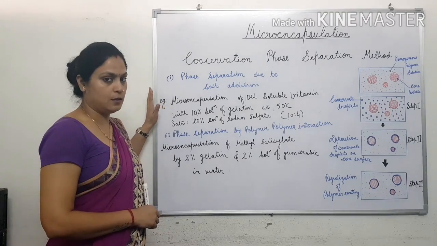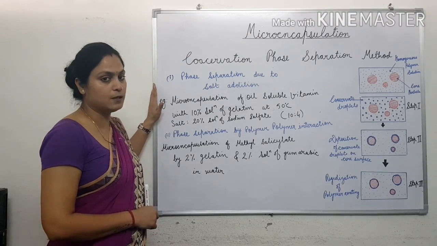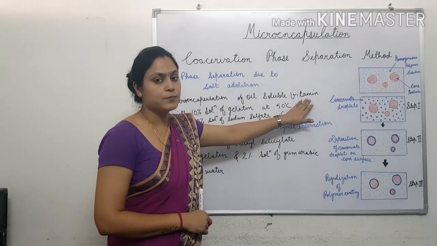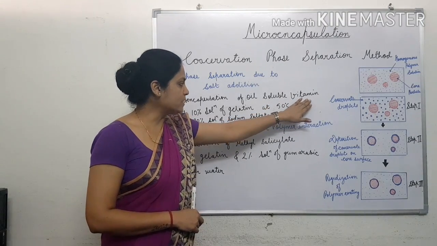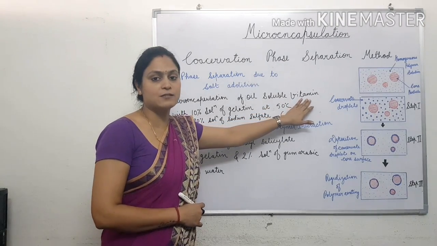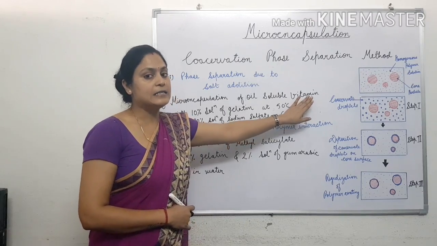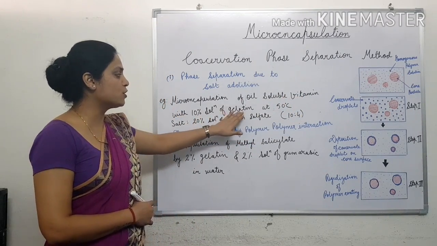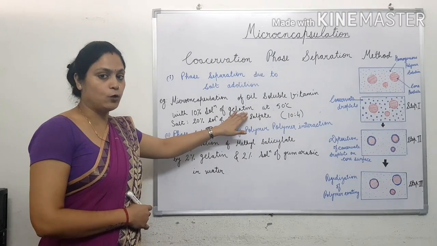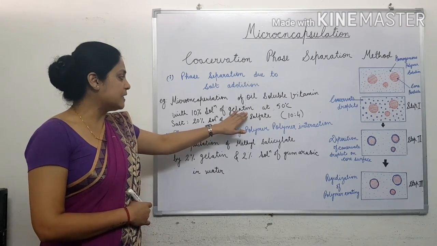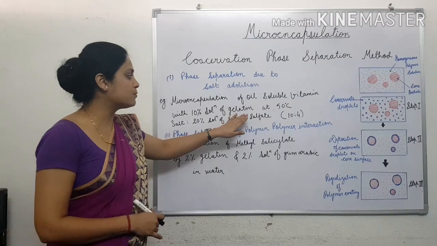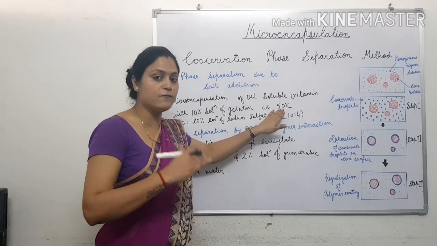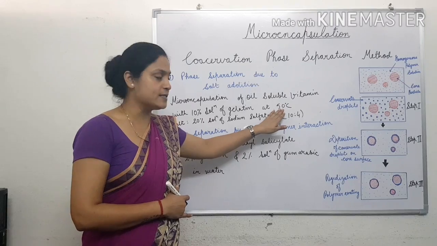An example of this principle is the microencapsulation of oil-soluble vitamin. This oil-soluble vitamin is first mixed with corn oil and then it is emulsified in a 10% solution of gelatin. Gelatin is water-soluble and the 10% gelatin solution is prepared at 50 degrees Celsius and maintained well above its isoelectric point.